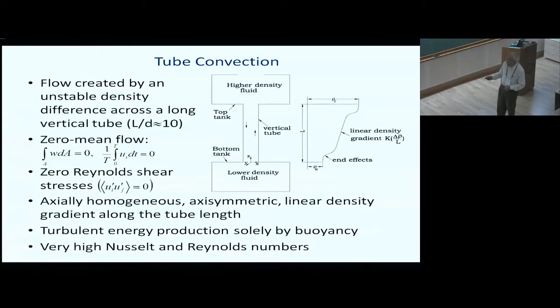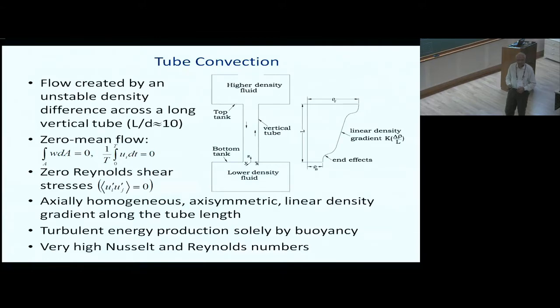So as I said, you get zero mean flow, and an important thing is that since the tube is tall, you get axially homogeneous turbulence. That is, it's exactly like a pressure-driven pipe flow. At each section, statistically, the flow is exactly same. So it's axially homogeneous, and it is a linear density gradient.